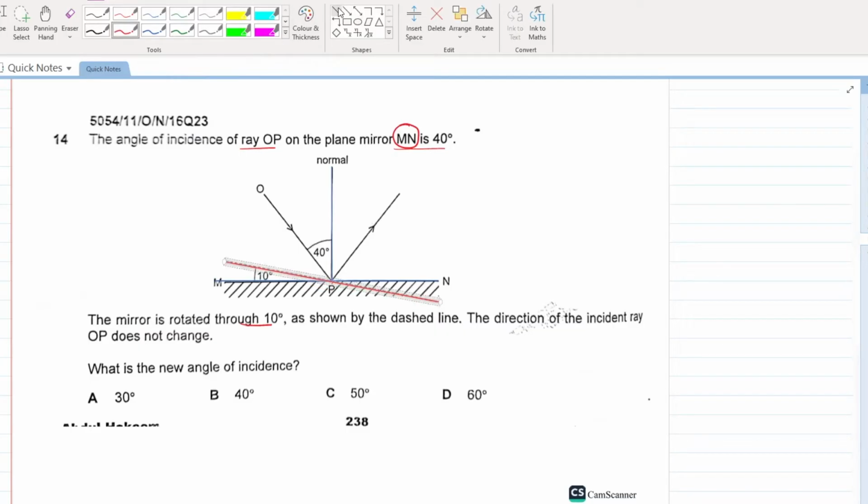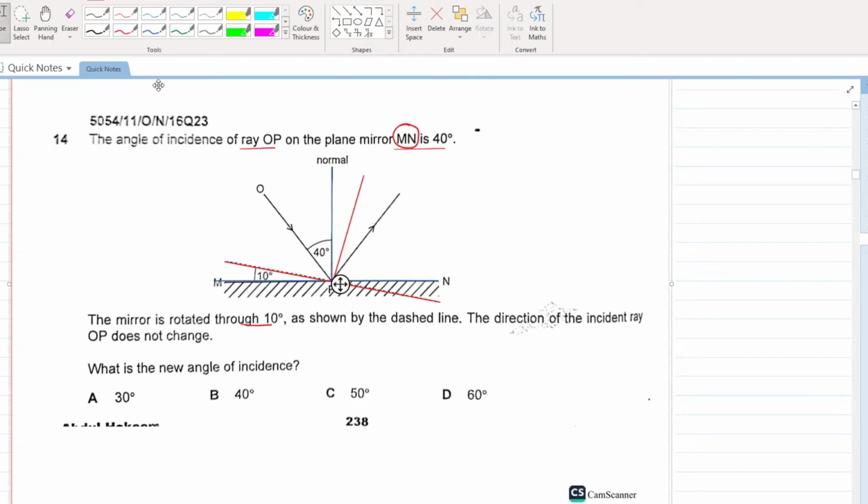Your normal will also rotate by 10 degrees like this. Let's make it like this. Your normal will also rotate by 10 degrees.